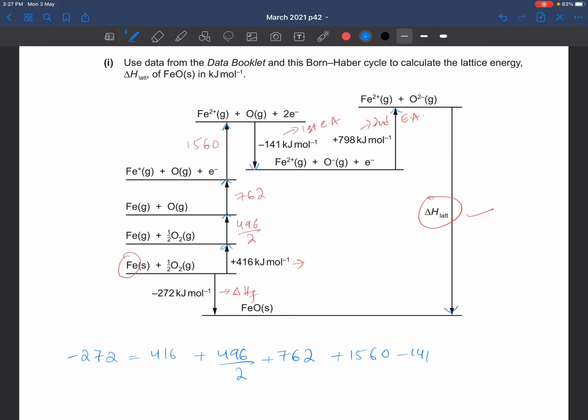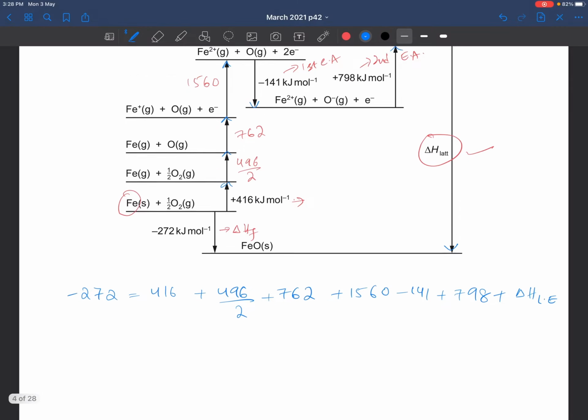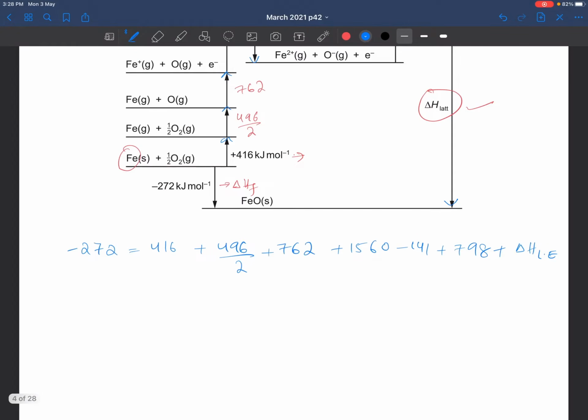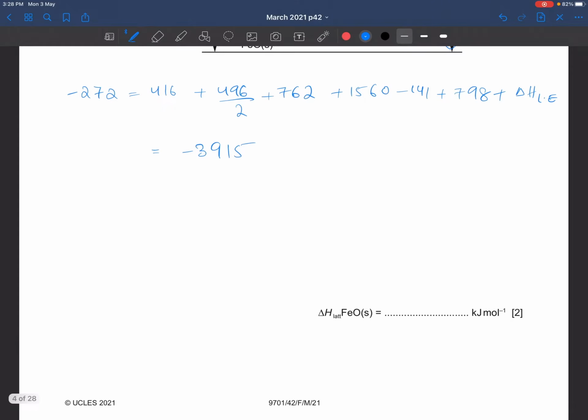You can see that we have this minus 141. So plus minus 141, that would be minus 141 plus 798 plus delta H lattice enthalpy. And if you just solve this for delta H lattice, the answer would be minus 3915 kilojoules per mole, right? You just have to write the answer here, 3915 kilojoules per mole. All right.